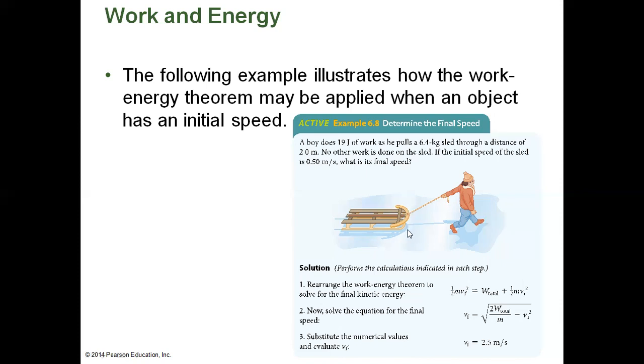We have to find the final speed. The total work he has done is 19 joules, so we know the total work. We also know the initial velocity, so you can easily find the final velocity.